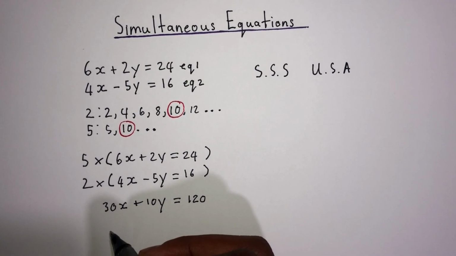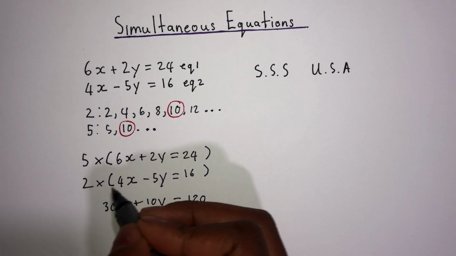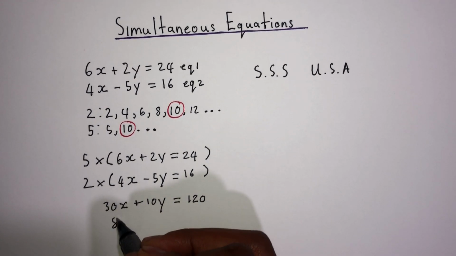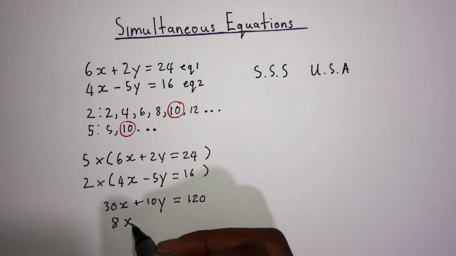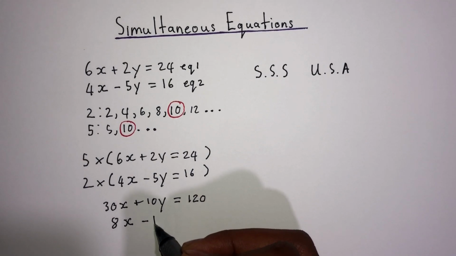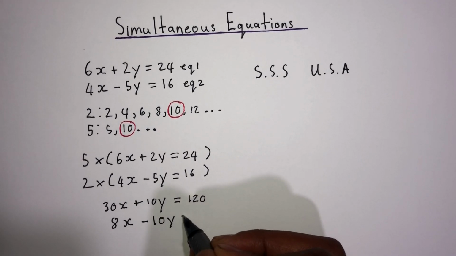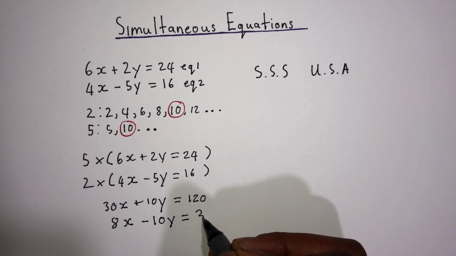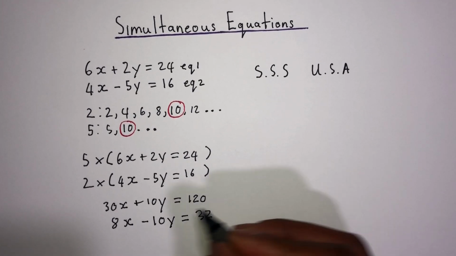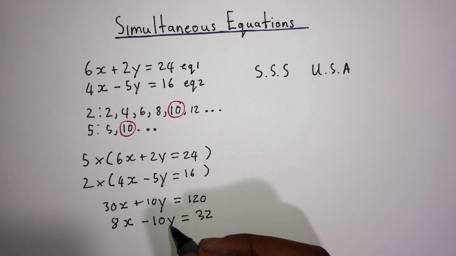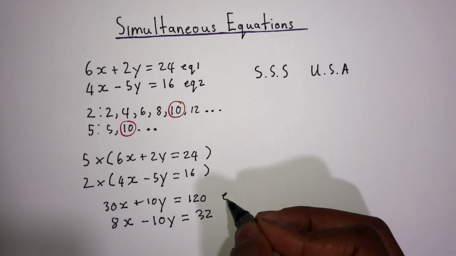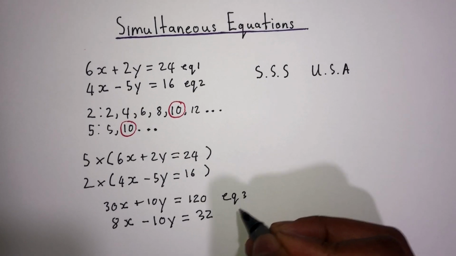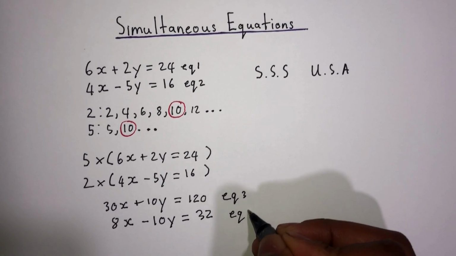We're left with 120. 2 times 4 equals 8. 2 times 5 is 10. And 2 times 16 is 32. So we now have two equations, equation 3 and equation 4.